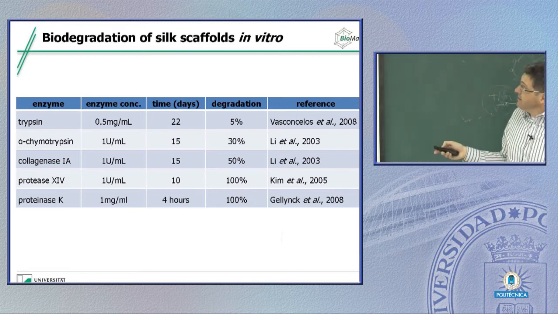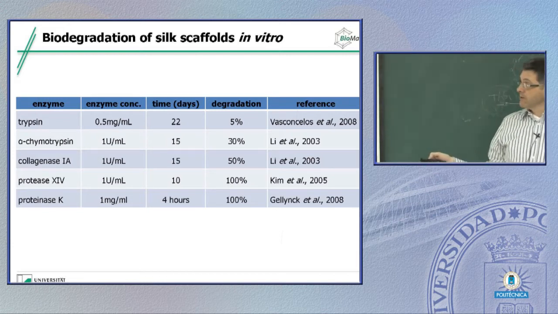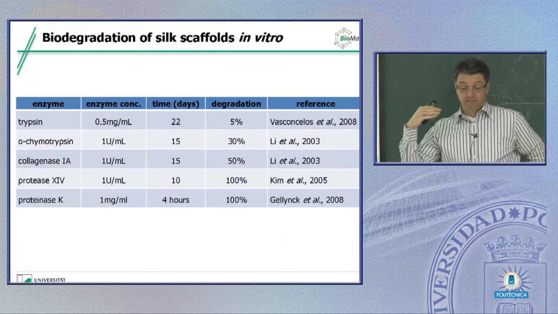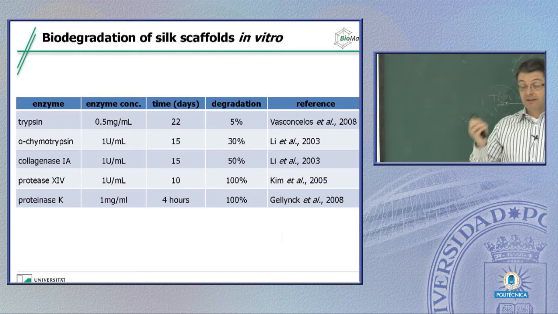And what you can see here is that at very low enzyme concentrations, you do get, with some proteases, sufficient degradation, even within a few hours. Of course, proteinase K is a very unspecific protease made by some bacteria. This is typically nothing that you have to deal with if you work with wounds.